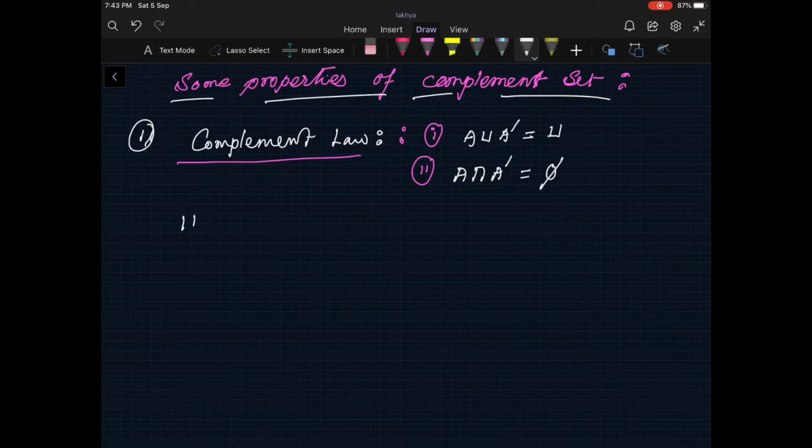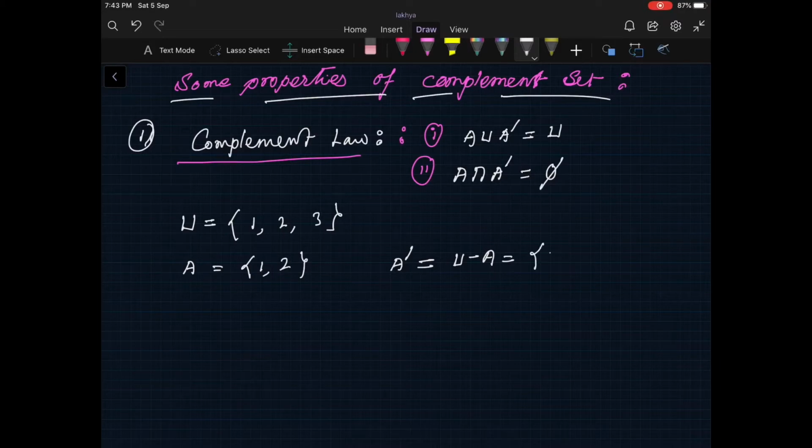Let me give you one example. Suppose the universal set U contains 1, 2, 3 and set A contains 1 and 2. Then A complement is given by U minus A, that's equal to the set containing 3. Those elements in set A should be eliminated from U to get A complement.